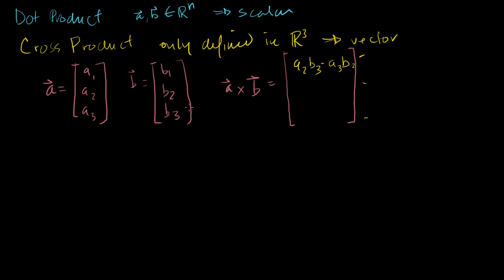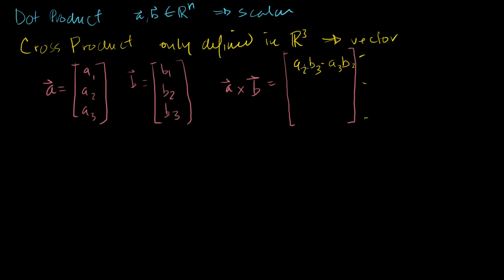Now, not to make your life any more complicated, when you do the middle row, you cross that out, and you might want to do A1 times B3 minus A3 times B1. That would be natural, because that's what we did up there. But for the middle row, you do the opposite. You do A3 times B1 minus A1 times B3.